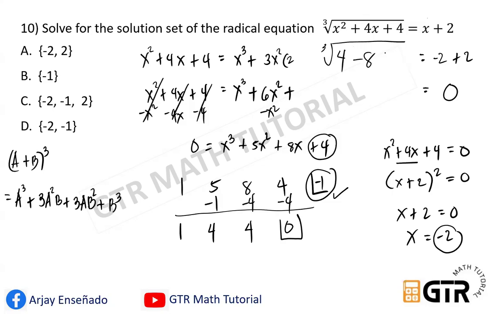And then plus 4. Combine 4 plus 4, that is equal to 8. 8 minus 8 is 0. The cube root of 0 is 0. So therefore, negative 2 is also a solution. So we have two solutions that satisfy this radical equation, negative 1 and negative 2. The correct answer is letter D, negative 1 and negative 2.